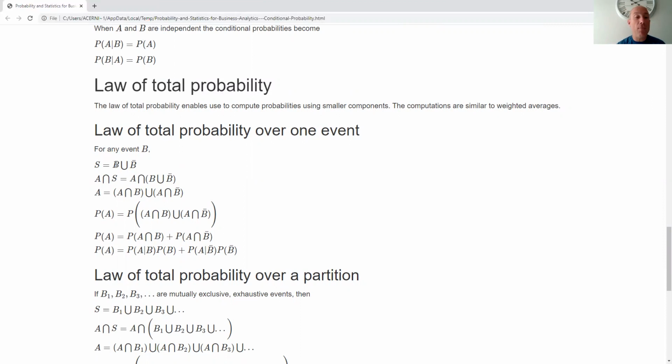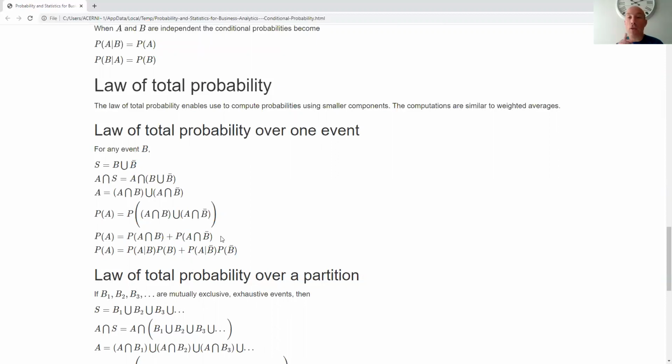All right, so for any event B, the sample space can be broken up into the event B and the complement of B. That means that for any other event A, I can break A up into A and B, or A and the complement of B. Because these are mutually exclusive, I can convert the probability of A into the probability of A and B plus the probability of A and B complement.